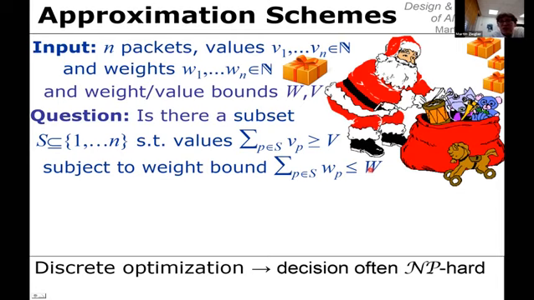That's a decision problem, because the answer to this question is either yes or no. That's one way of looking at knapsack.